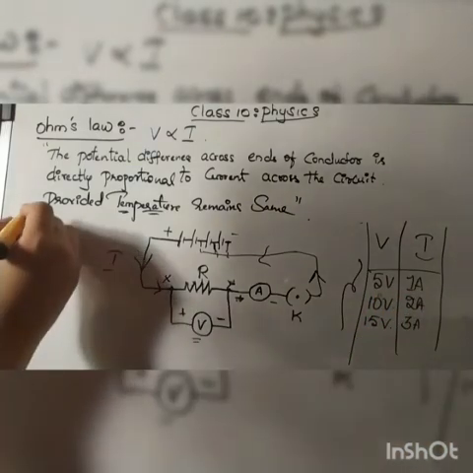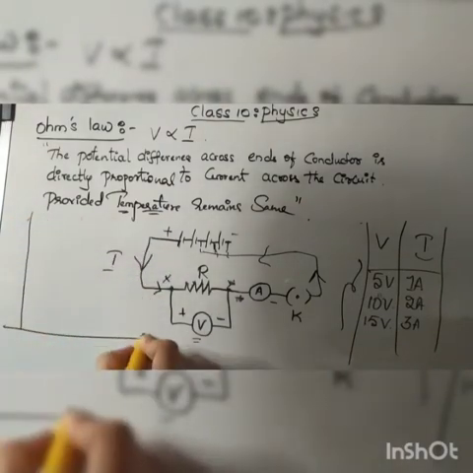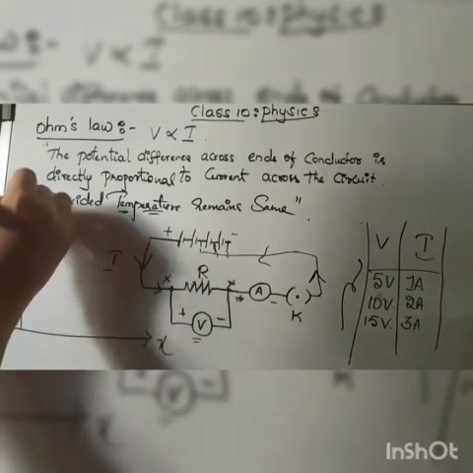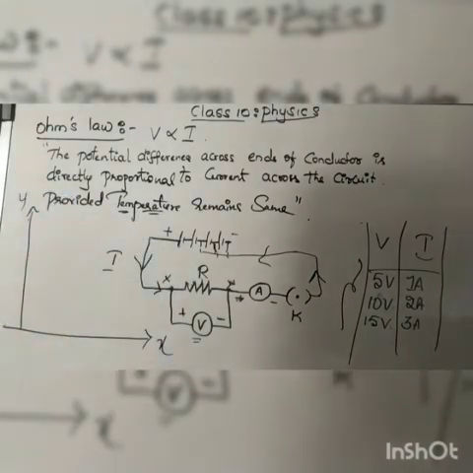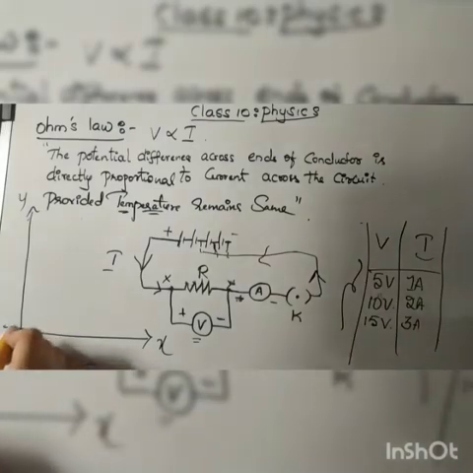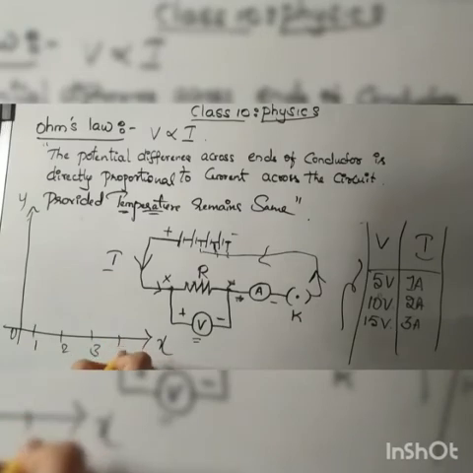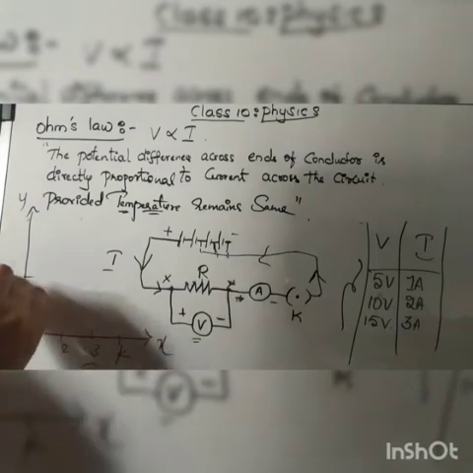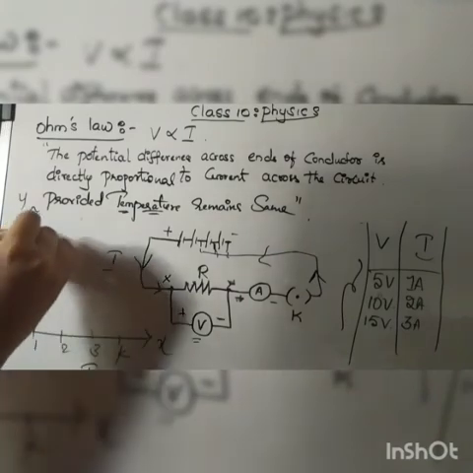Now if I want to plot a graph, this is the x-axis and this is the y-axis. The x-axis indicates the current values I: 0, 1, 2, 3, 4 and so on, whatever current values you get. The y-axis is the potential difference: 5, 10, 15 as well as 20.